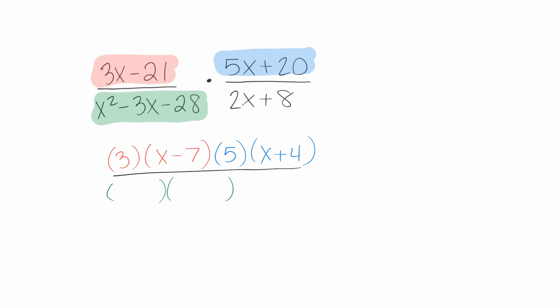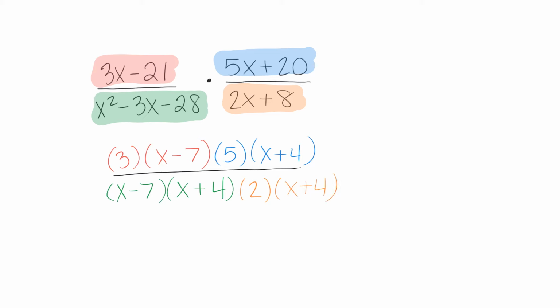That's going to be x minus 7 times x plus 4. Okay, and then our other side, 2x plus 8. I'm going to factor out a 2, and that leaves me x plus 4.